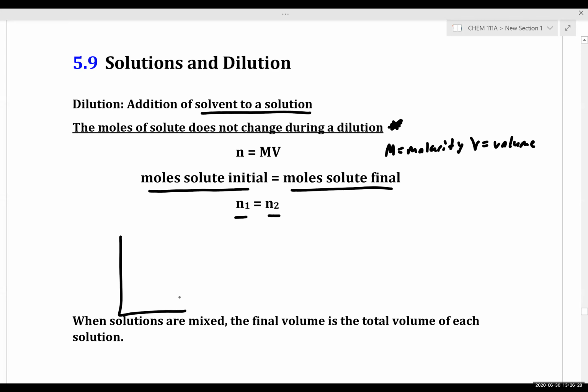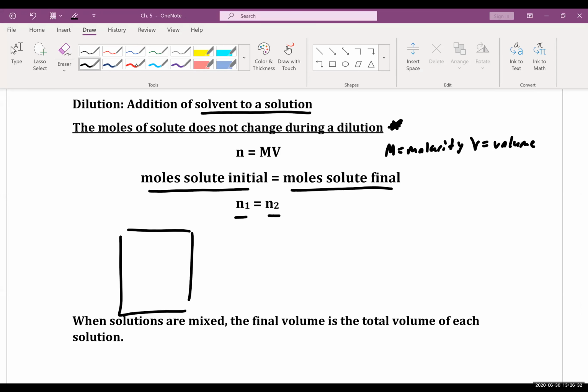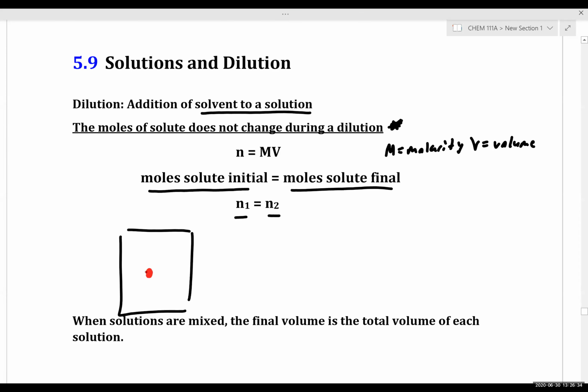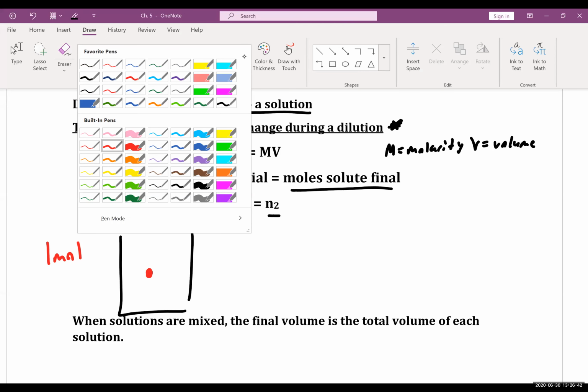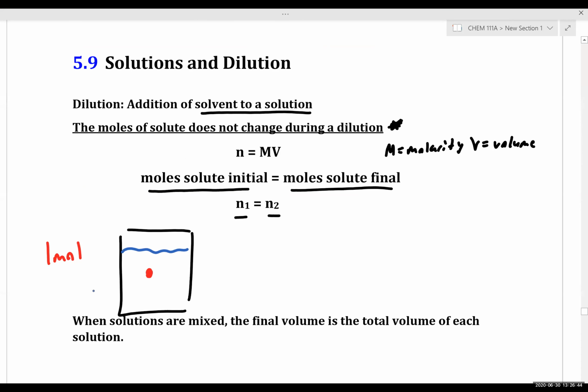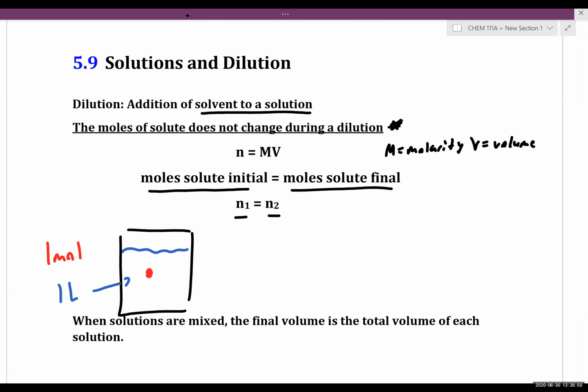So to show you a picture of why that is, let's pretend for a moment we have 1 mole of solute and we dissolve that 1 mole of solute in 1 liter of solvent. Wonderful.